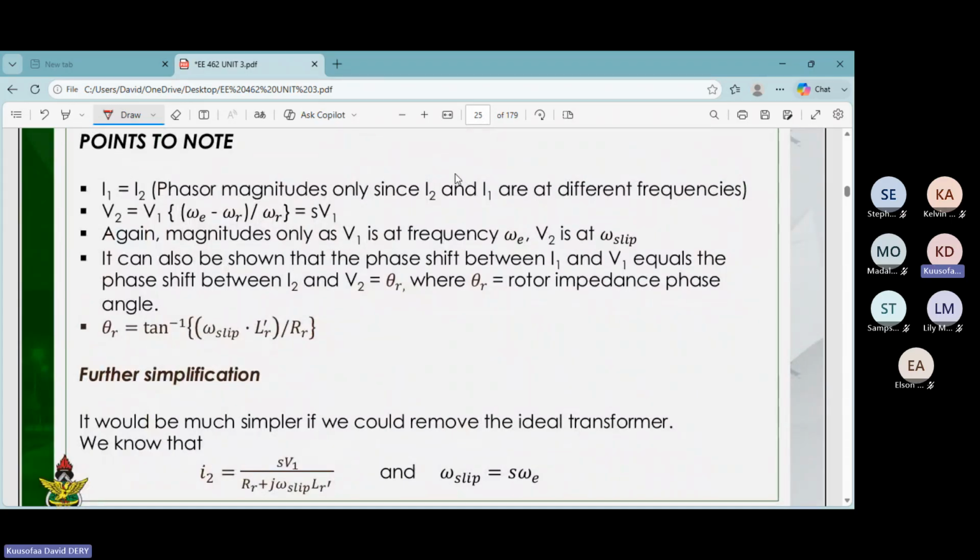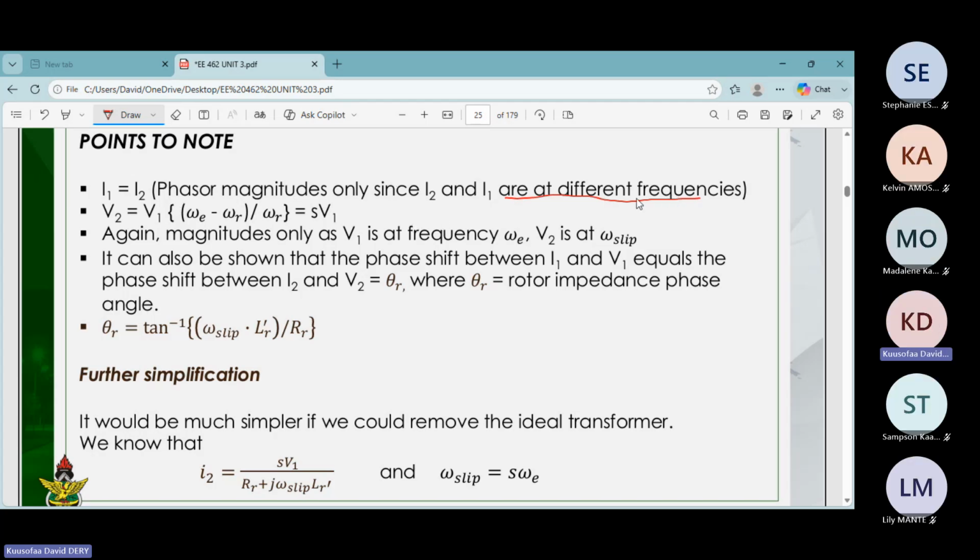So we know that I1 and I2 from that particular diagram, their phasor magnitudes are the same, but they are at different frequencies. Because of that, their phases will be different, right?